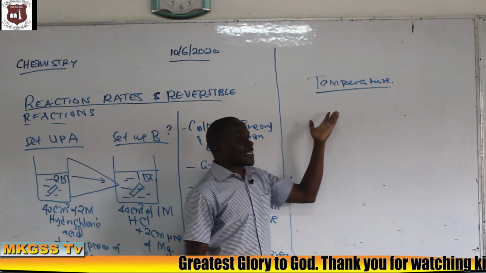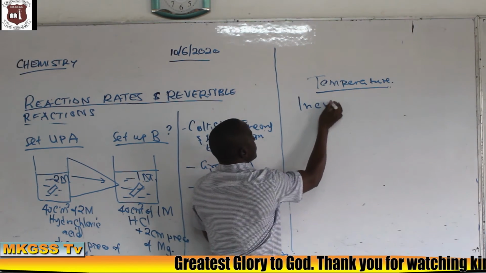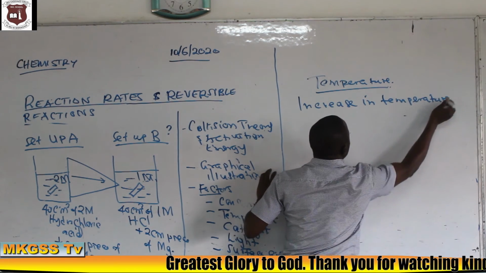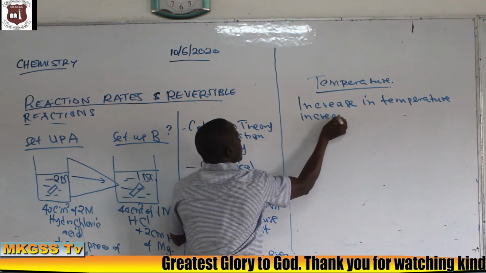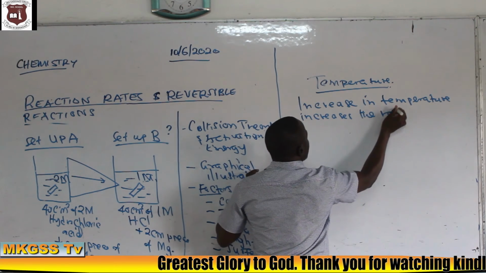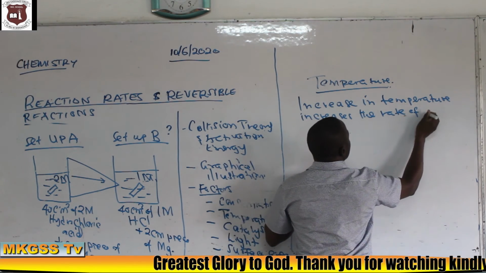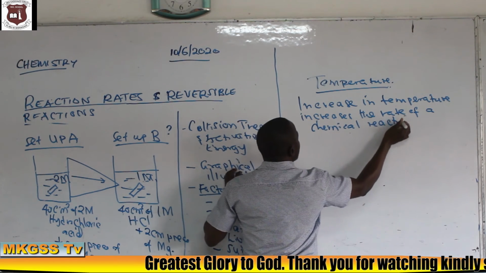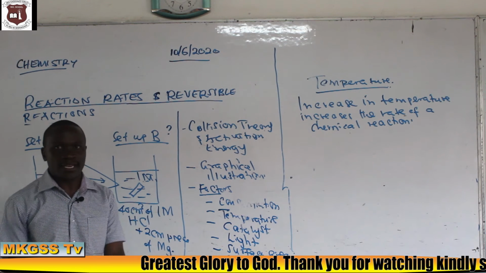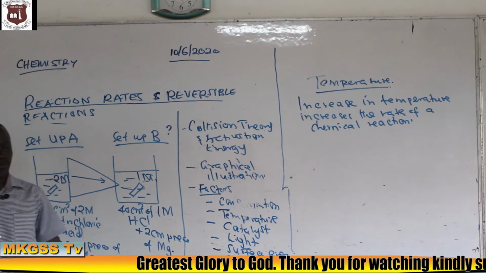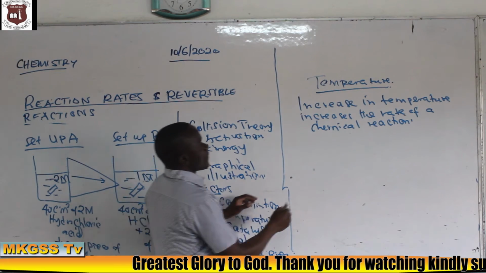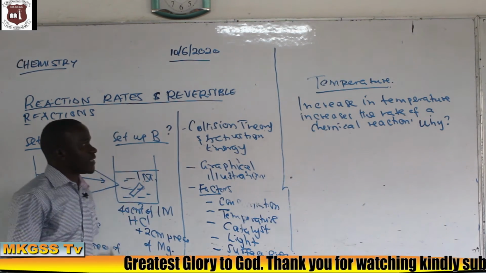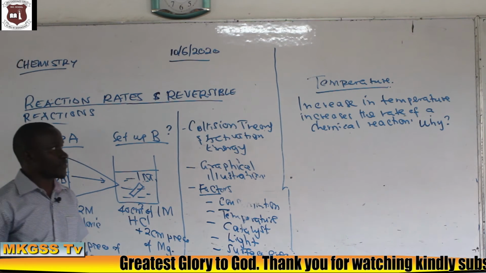The answer is increase in temperature increases the rate of a chemical reaction, while decrease in temperature decreases the rate of a chemical reaction. The question is why? Why does increase in temperature increase the rate of a chemical reaction?